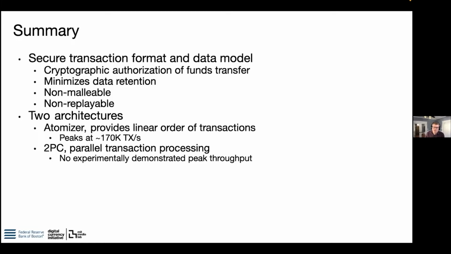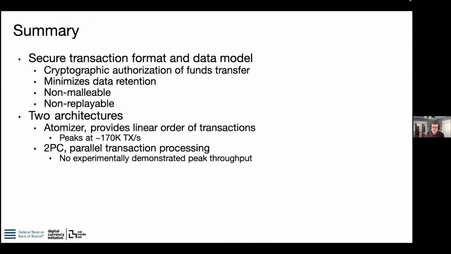So by using an identity-neutral, cryptographic-based authorization scheme, we're really able to remain flexible in that sense. The second thing is it really minimizes data retention. By using the UHS scheme, we're able to completely minimize the amount of data that the central bank would be retaining. And finally, the transaction format is non-malleable, so it's useful for potential layer 2 and programmability applications in the future. And the format's also non-replayable.